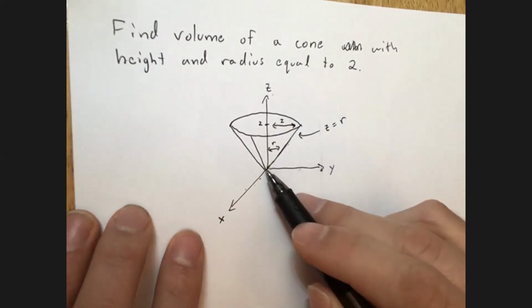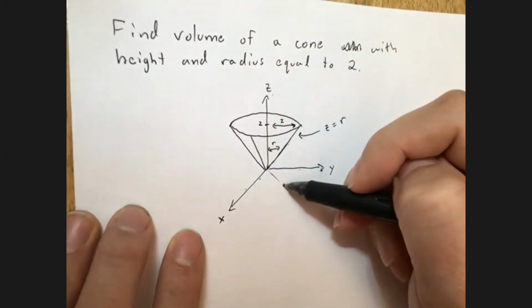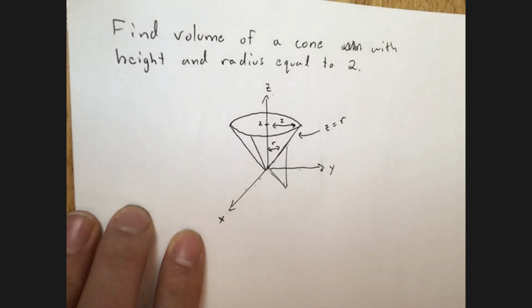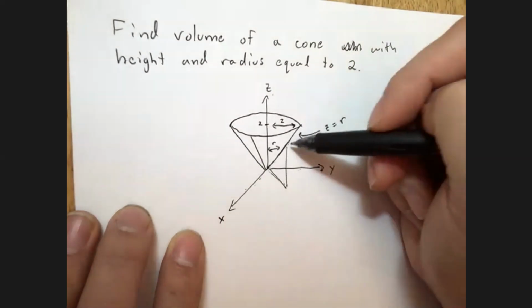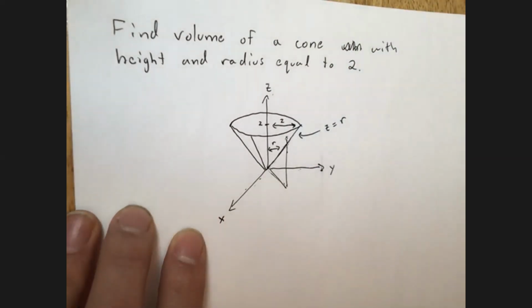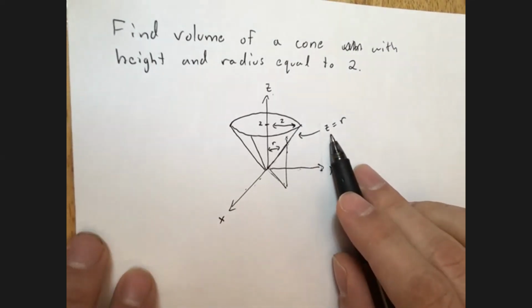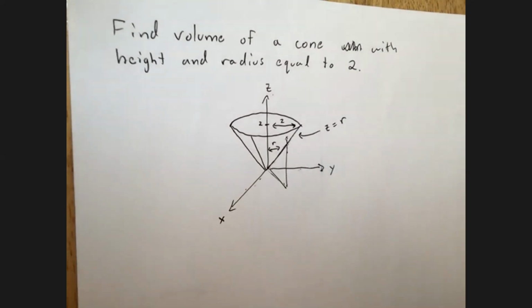If I just go out some distance in the r direction and go an equal distance up, if I make my z equal to r, I will land somewhere on this cone. So the equation of this cone really is just very simple. It's just z equals r. Okay, so I think that's enough to figure this out.